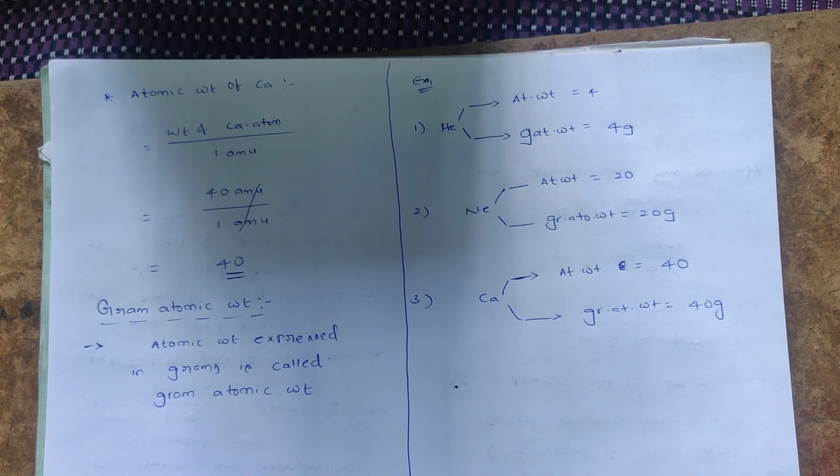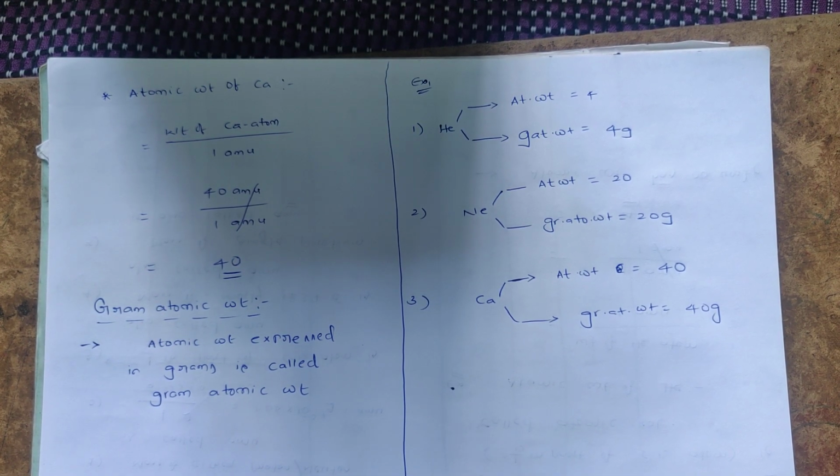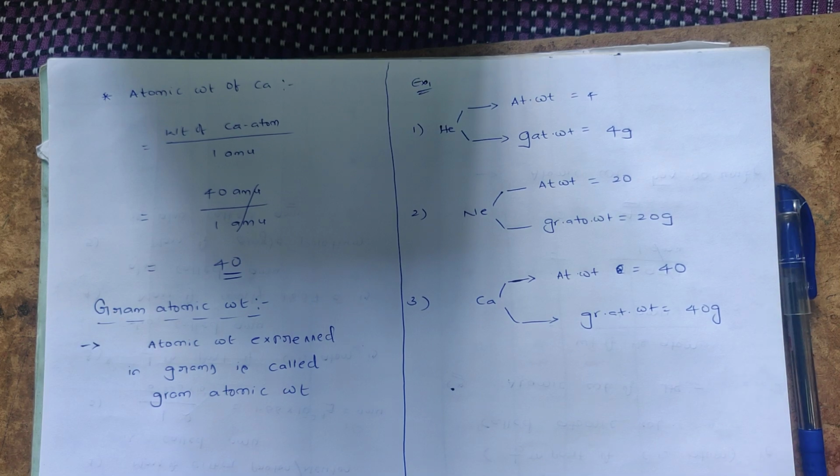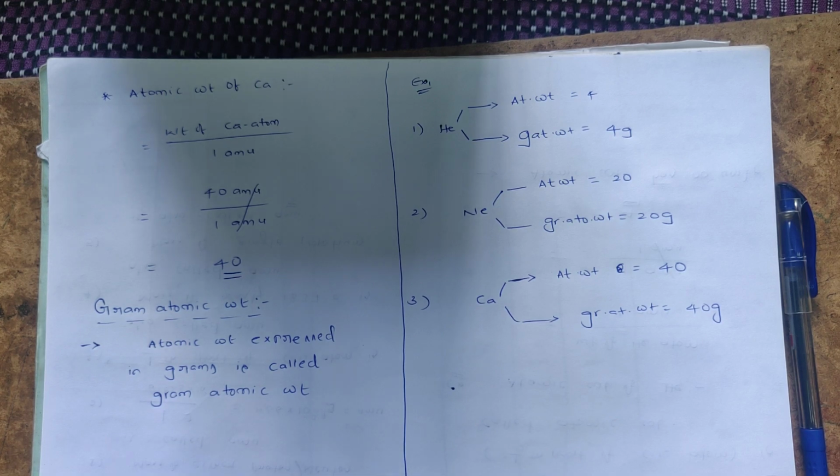But here, we should know the basic difference between atomic weight and gram atomic weight. What is atomic weight? How many times it is heavier than 1/12th part of C12 atom. What is gram atomic weight? Atomic weight expressed in grams.